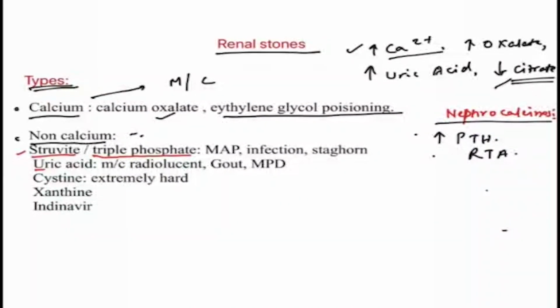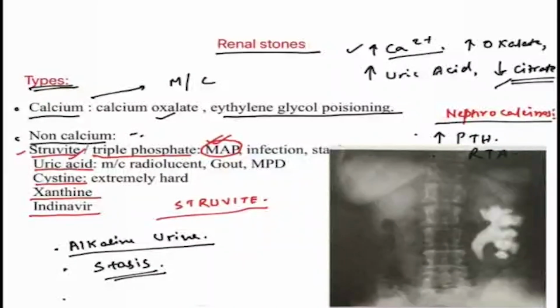The cause of struvite calculi are urea splitting organisms, most commonly Proteus. So whenever the Proteus splits urea, it forms ammonia, and ammonium is alkaline in nature. So these struvite stones are mostly formed in alkaline urine because of urea splitting organisms and stasis of urine.